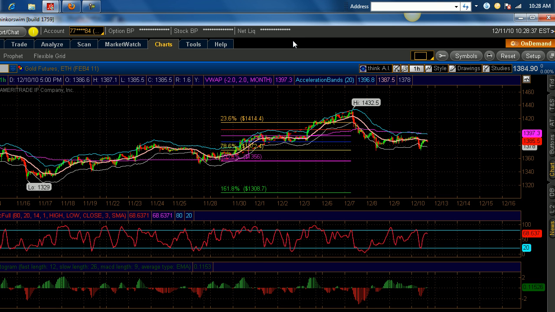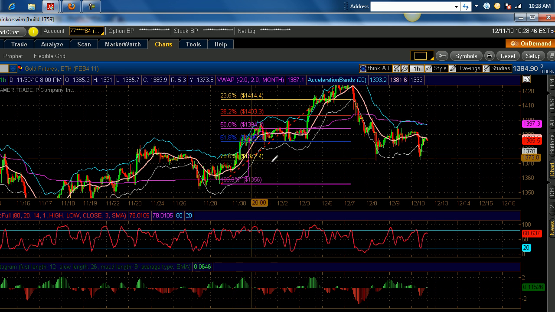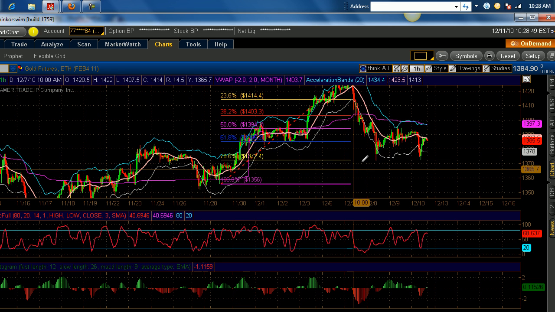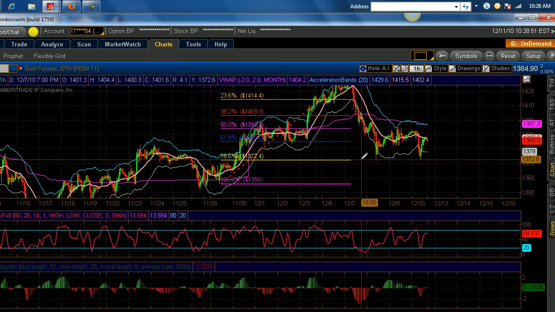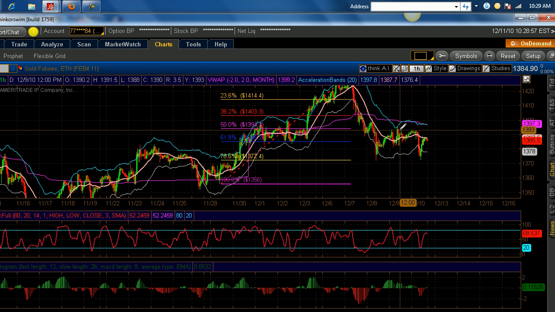On Friday, we went from a high of 1393 to 1372, and it bounced right off of this Fibonacci level, this 1372. It's amazing how that works, isn't it? It bounced right here. Look at this. This is where it bounced, and here's your line, okay? And it went up, and it retraced all the way back to almost 1394.